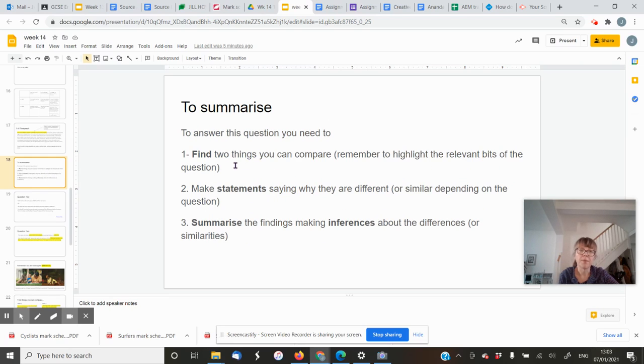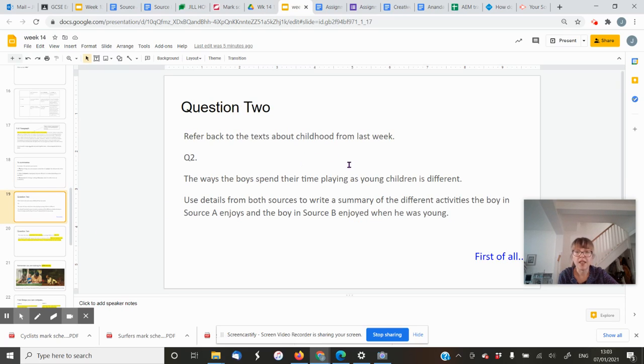So find 2 things that you can compare, making sure that you're answering the question. Make statements saying why they're different or similar, if the question's on the similarities, and then summarise the findings, making inferences about the differences or the similarities. So hoping that makes sense.